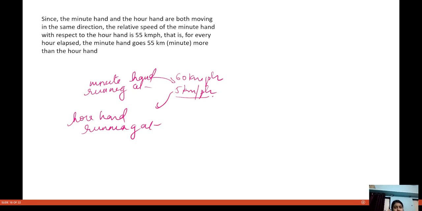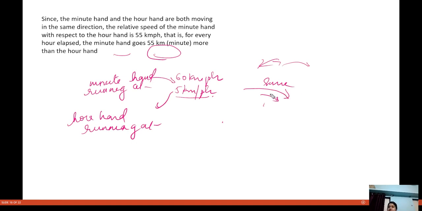Fine. Now with every hour elapsed, the minute hand goes by 55 kilometer more. Always the minute hand and hour hand will be moving in the same direction. You will never find that the minute hand and hour hand are moving in opposite directions.